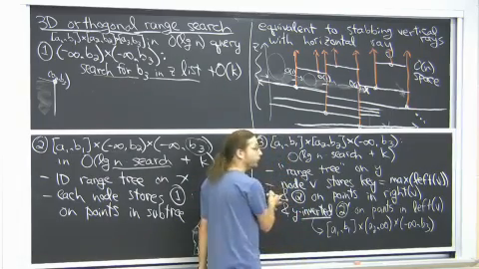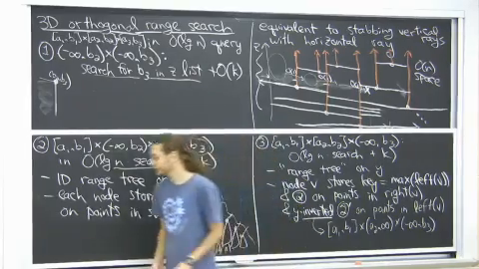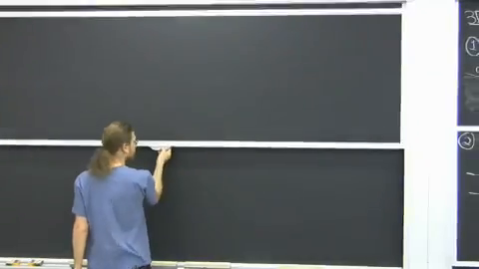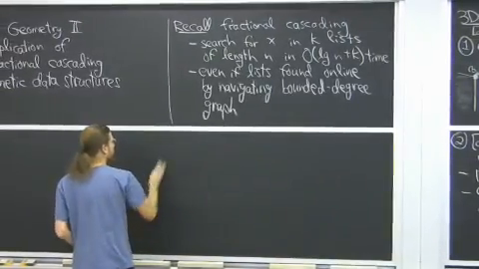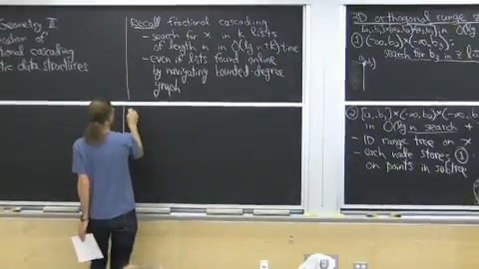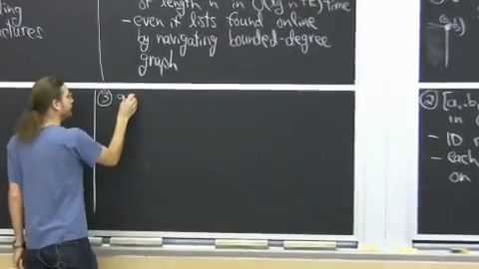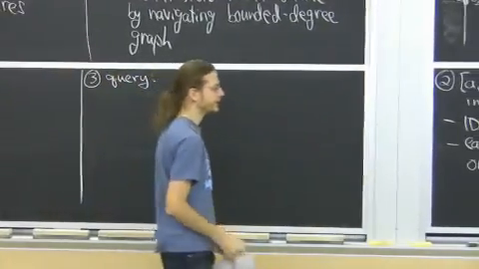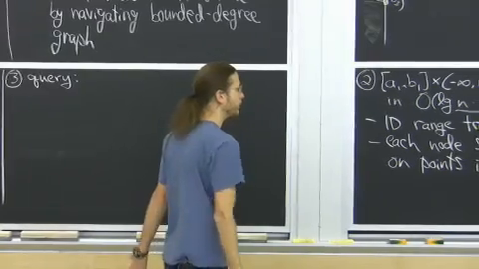Okay, now the big question is, why is this enough? So let's do that. How do I do a query in data structure 3? Okay, basic idea is simple. We're going to walk down the tree.